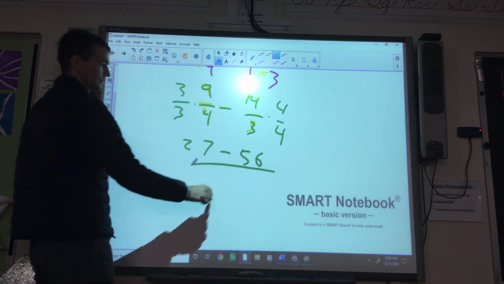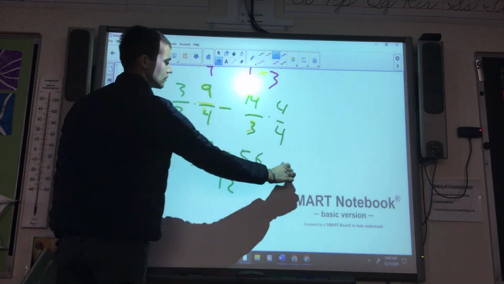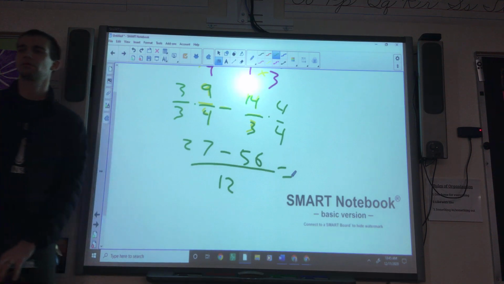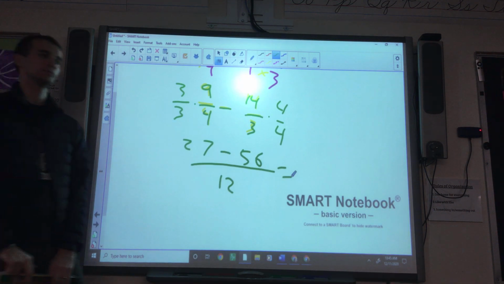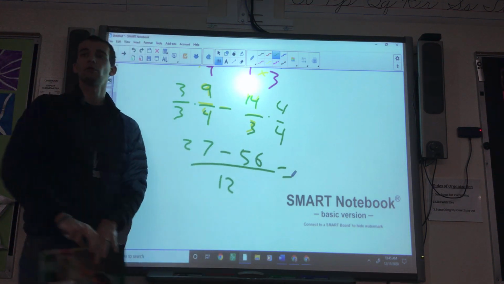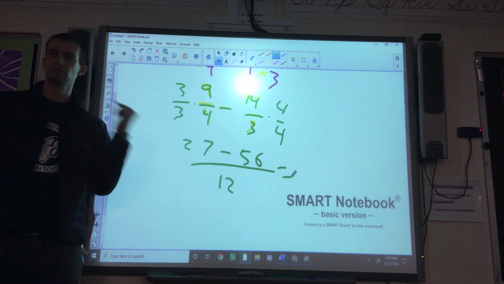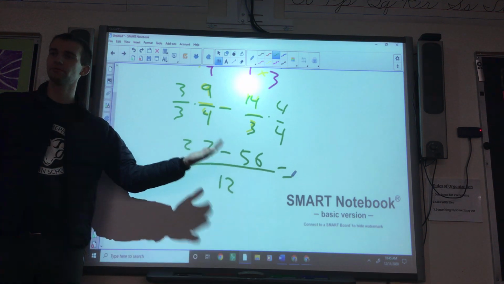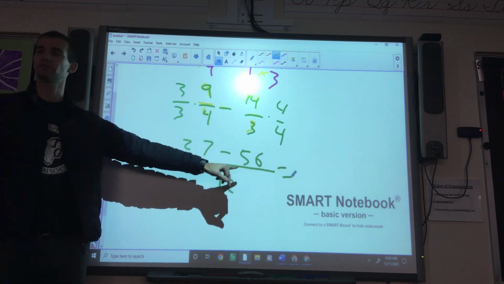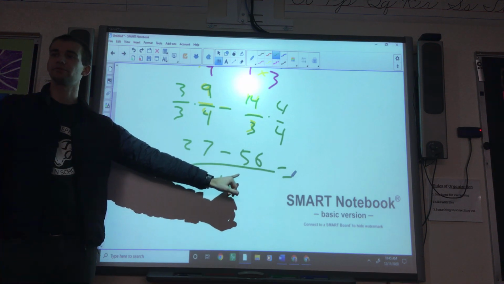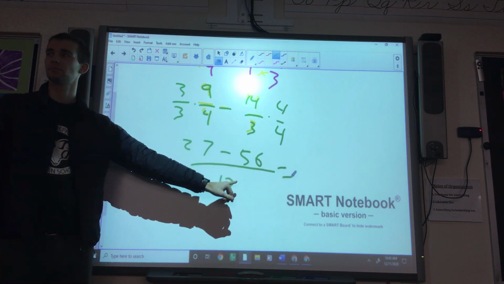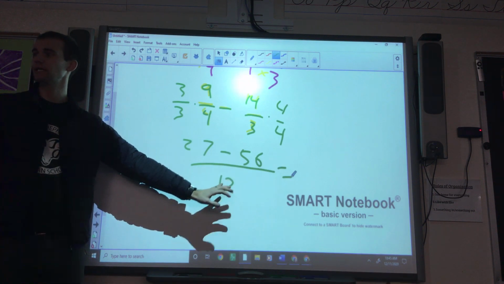27 minus 56 is... The easiest way to do this one is to think, you're doing the bigger number minus the smaller number, but you know that the final answer is going to be negative or positive?